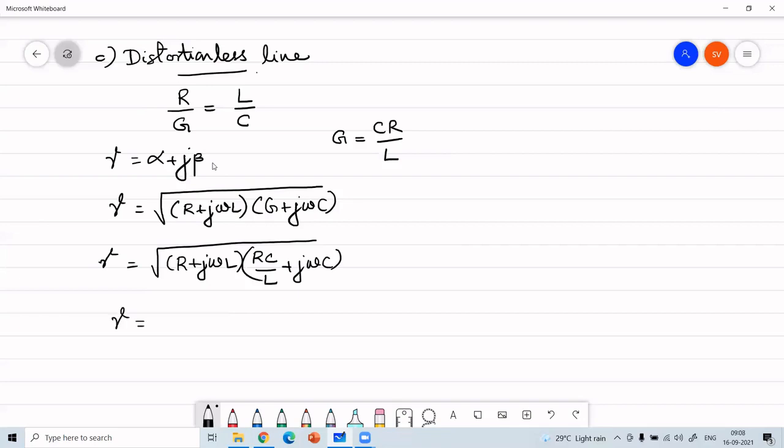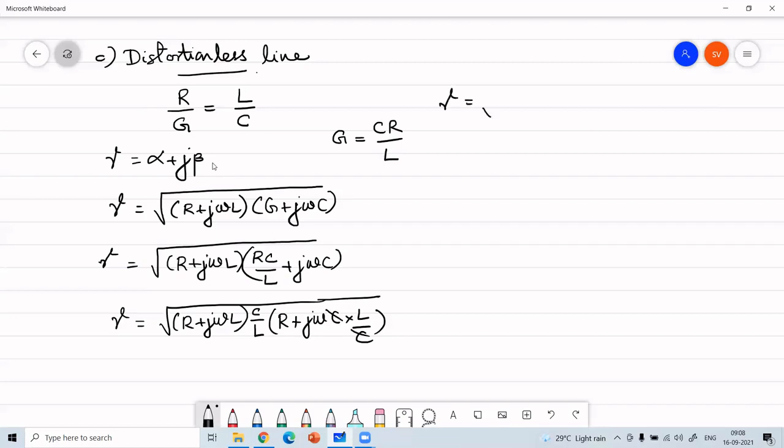Or gamma is equal to the square root of (R plus j omega L) into, taking this C by L in common from here, C by L into (R plus j omega C into L by C). C is cancelled. So gamma is equal to the square root of (R plus j omega L) into C by L into (R plus j omega L).